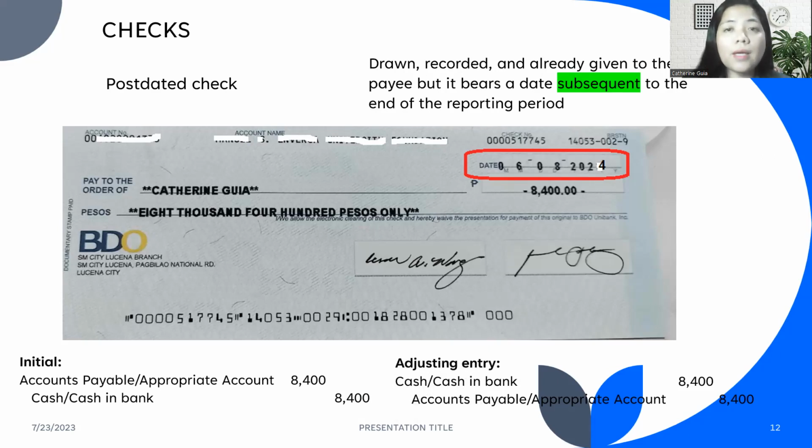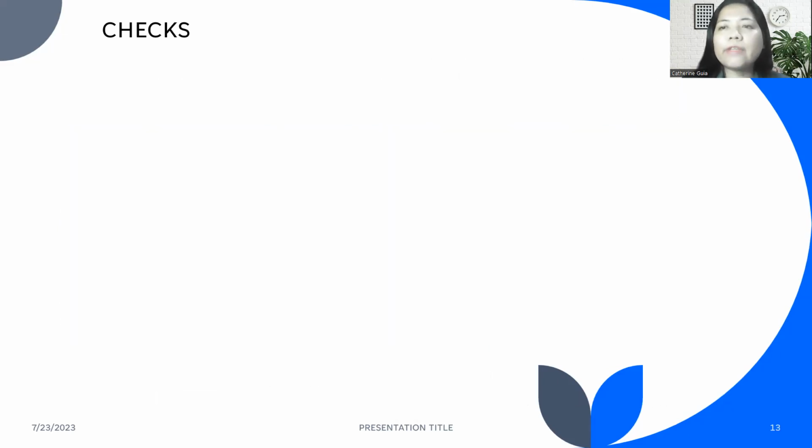Okay, so since the check bears a future date and the payee cannot encash it until it's June 8, 2024, so the entity should have an adjusting entry. So referring to the entity which issued the check, debit cash or cash in bank 8,400 and credit accounts payable or appropriate account 8,400.